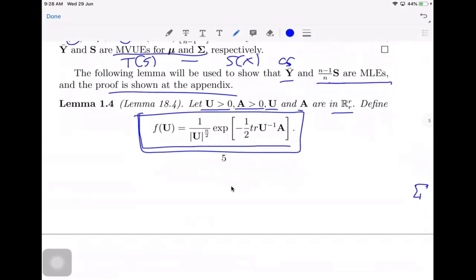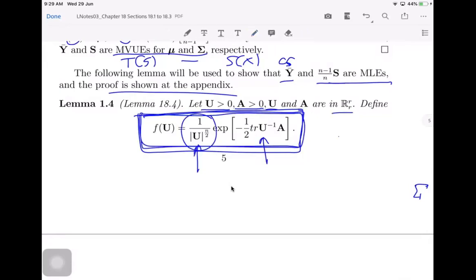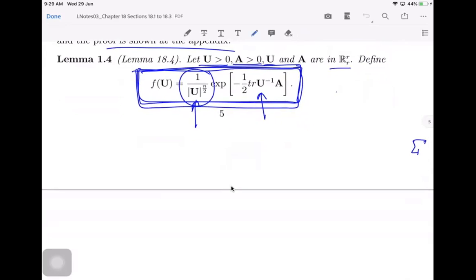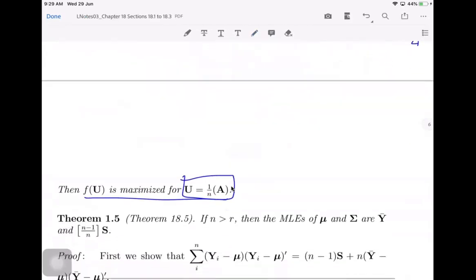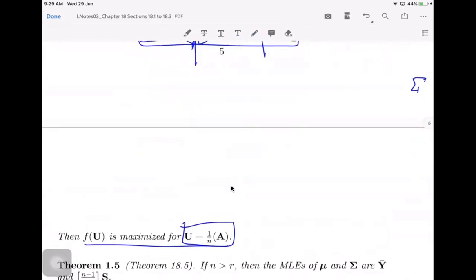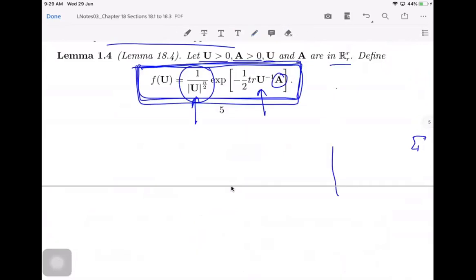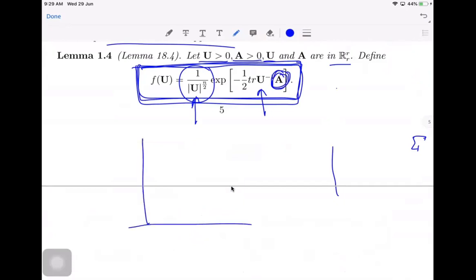This lemma is telling you that if you can rewrite your density function in this expression, a function of U, with a U inverse here, then if you look at this value A here, the function is maximized at U equal to 1/n of A. For example, if you have a probability density that looks like this, the maximum is here, and this is your density function.